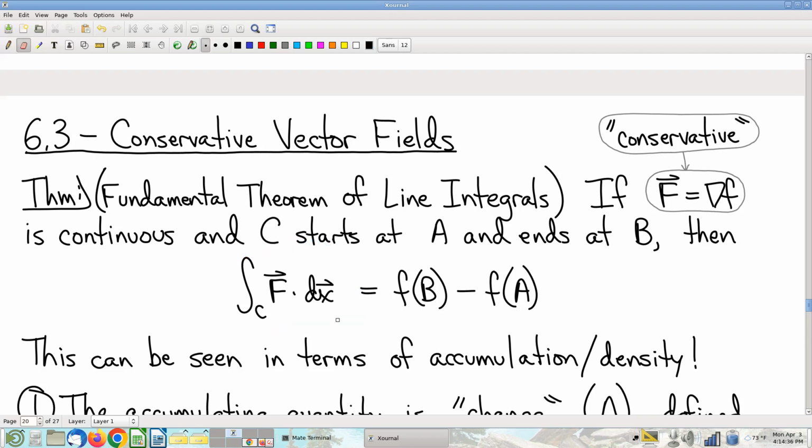But structurally, integral equals f of b minus f of a, you've got to admit that's pretty familiar looking. Furthermore, the integrand here, if you were thinking about the fundamental theorem of calculus, that would be the derivative. Here, it's a gradient, which is a kind of derivative.